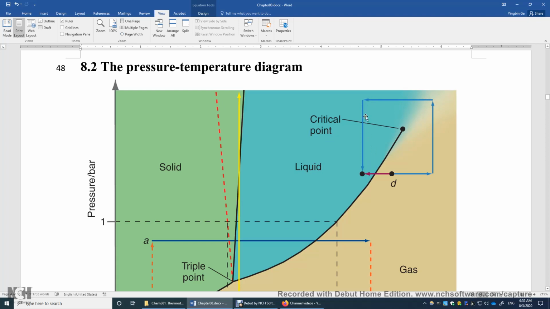You go back down here, lower pressure. You go to this point. You get this liquid. So you can go from gas to liquid by just lowering its temperature, or you can even increase its temperature and pressure to get a supercritical fluid, have some fun, and then lower the temperature, lower the pressure, and then you get the liquid.